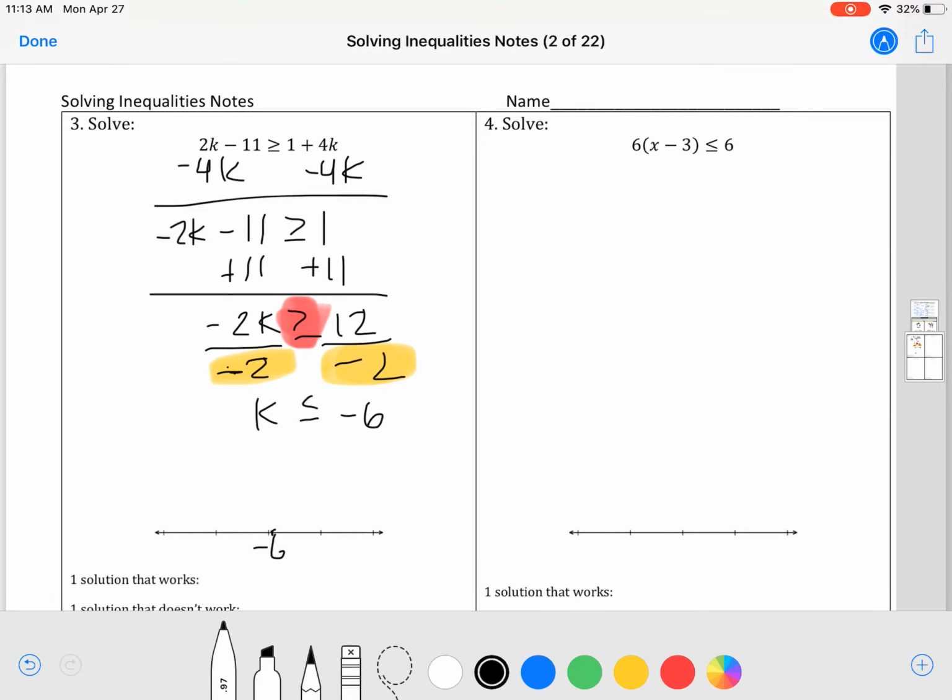So I'm going to say, okay, negative 6. We talked about this before. The negatives always are a little tricky on our number line. Hopefully as I'm doing it, you're like, oh yeah, I have to switch that, don't I? Okay. It is a less than or equals to, so that I know that I need to shade in that circle. And I'm going to the left for less than.